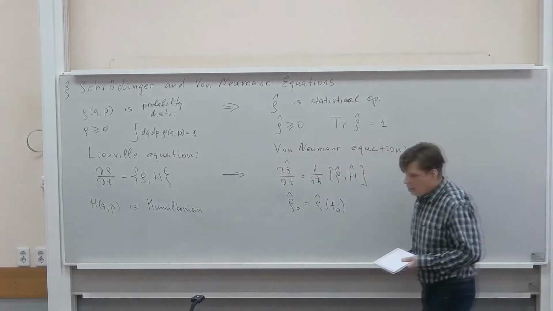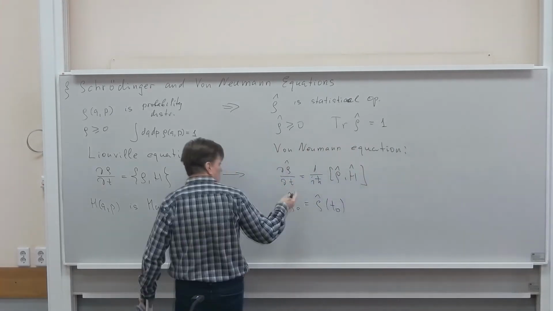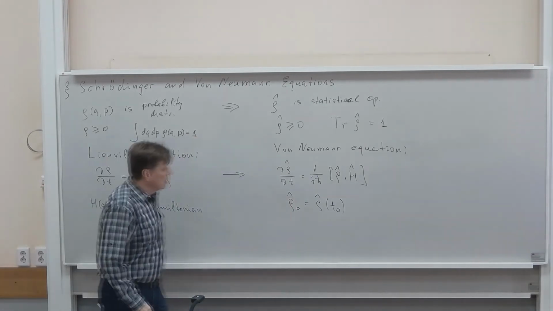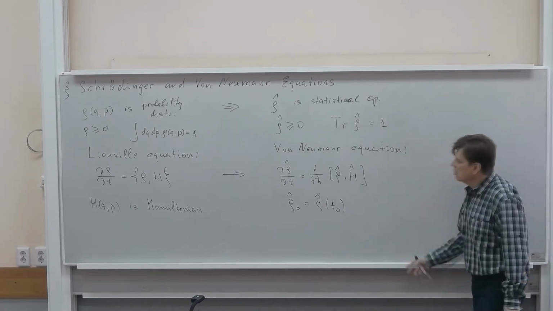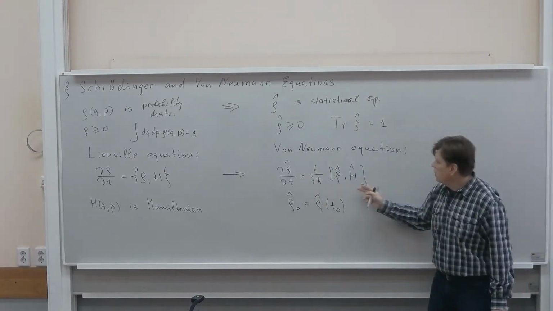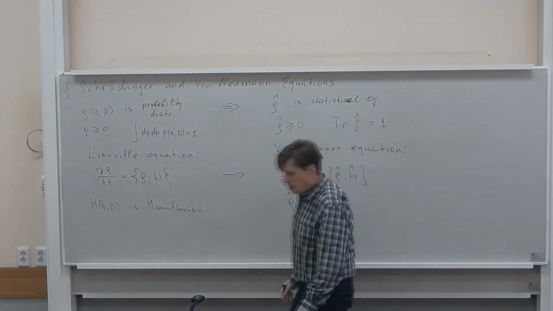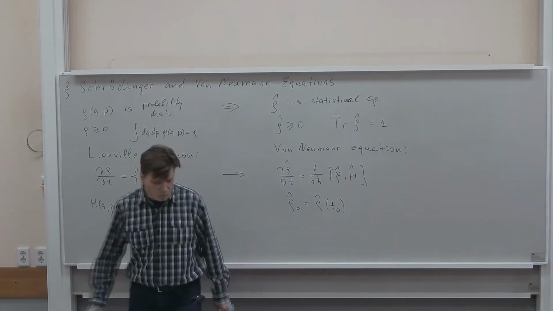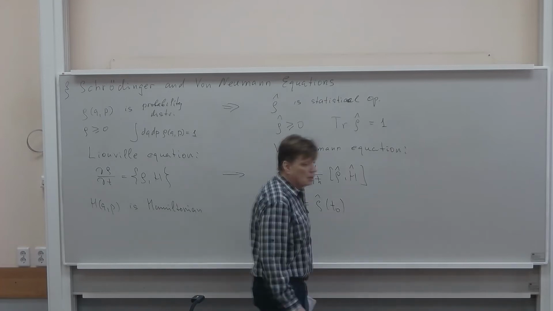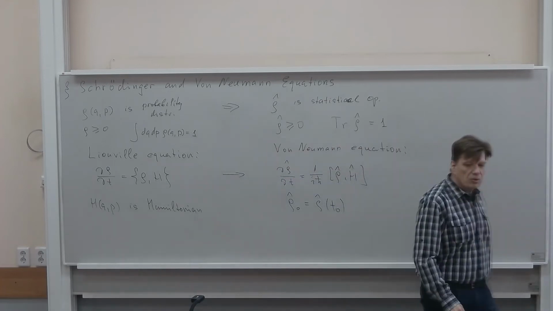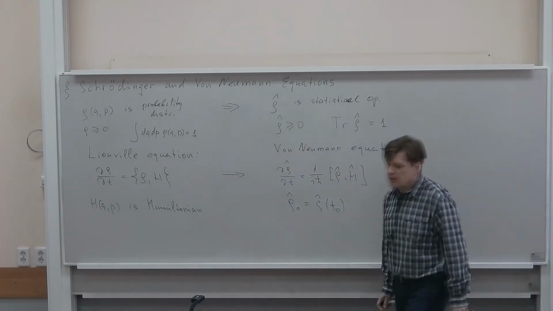Okay, so everything looks quite natural, but before we eventually adopt this von Neumann equation as the basic dynamical equation of quantum theory, we need to check that its solutions satisfy all required properties of statistical operators.